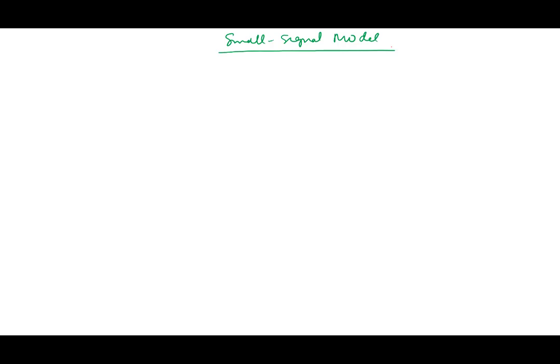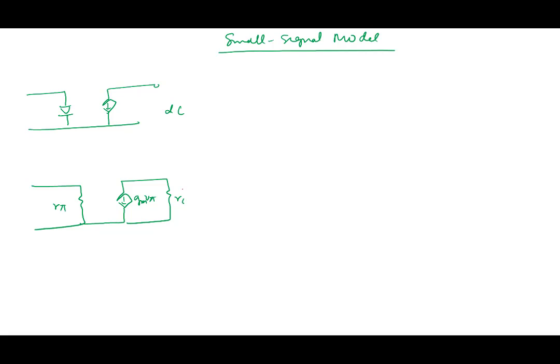Well, in the small signal model, let me remind you, in a bipolar transistor, the DC model was like this. There was a diode here, there was this current equation here, and from there the small signal model became R pi, and it became GM V pi, and it became R0 like this.